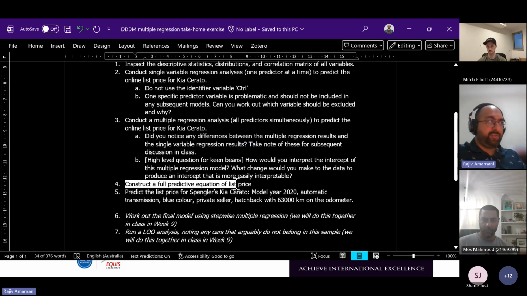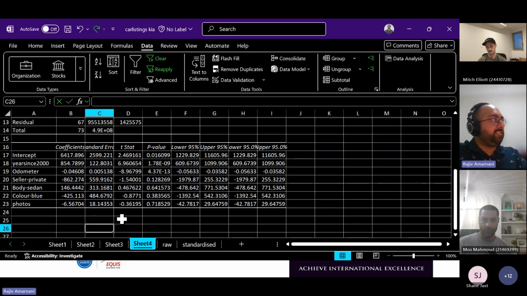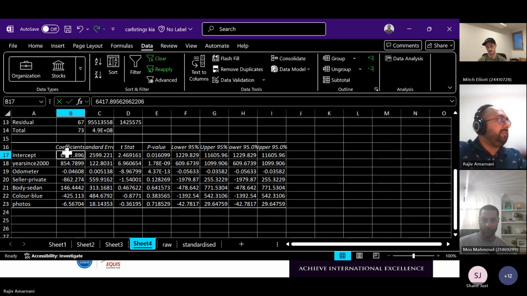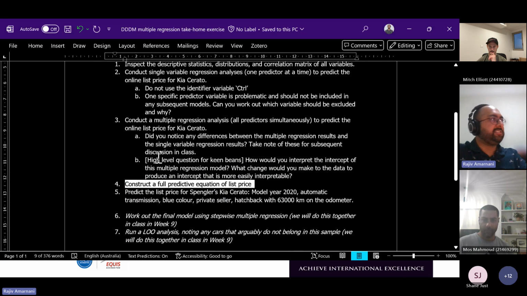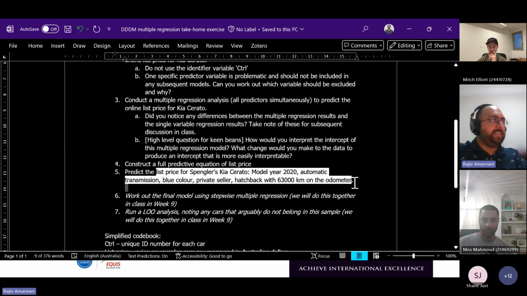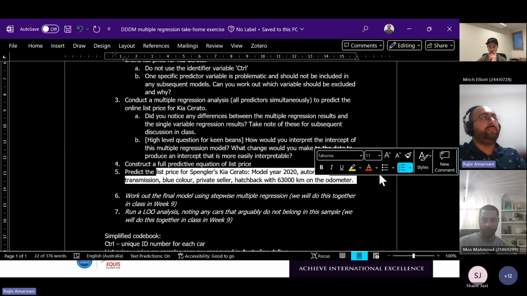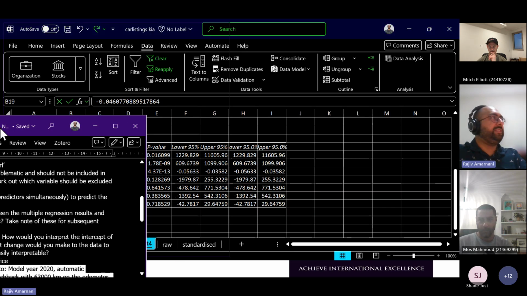We put together our full predictive equation of list price, which is the intercept plus the number of years since 2000 multiplied by this number, and then the number of kilometers on the odometer multiplied by this number. That gives you the regression equation, taking out factors that are not statistically significant, in which case the final list price for Spengler's Kia Cerato, model year 2020.